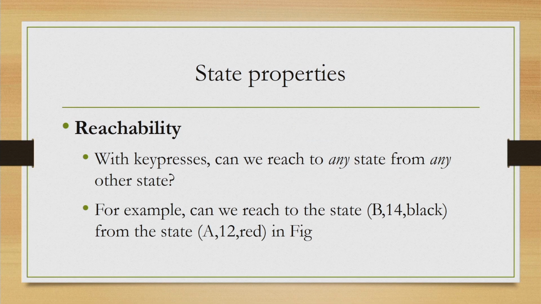So, what are there in state properties? Already we have discussed a couple of those before. One is reachability. We want to reach any state from any other state. For example, in the portion we have shown, suppose that is our entire system. There we want to check if we can reach the state B14 black from the state A12 red. Can we do that?